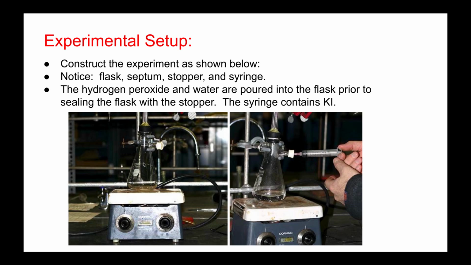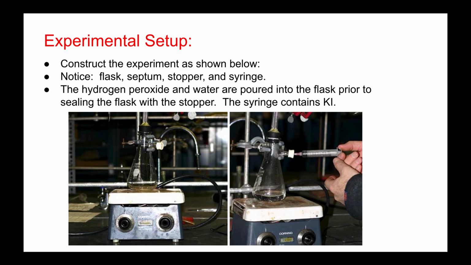We would block the pump. Then we would inject our KI. What is interesting, if you ever do this, is you don't need to actually push on the plunger. The vacuum will just suck the KI into there, okay? Then the reaction proceeds. What's happening in the reaction is that the H2O2 is decomposing under an I- catalyst, okay?